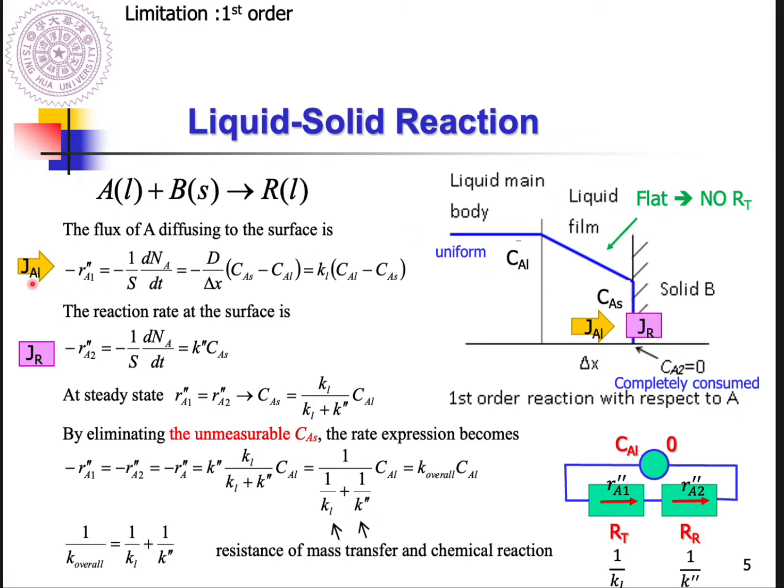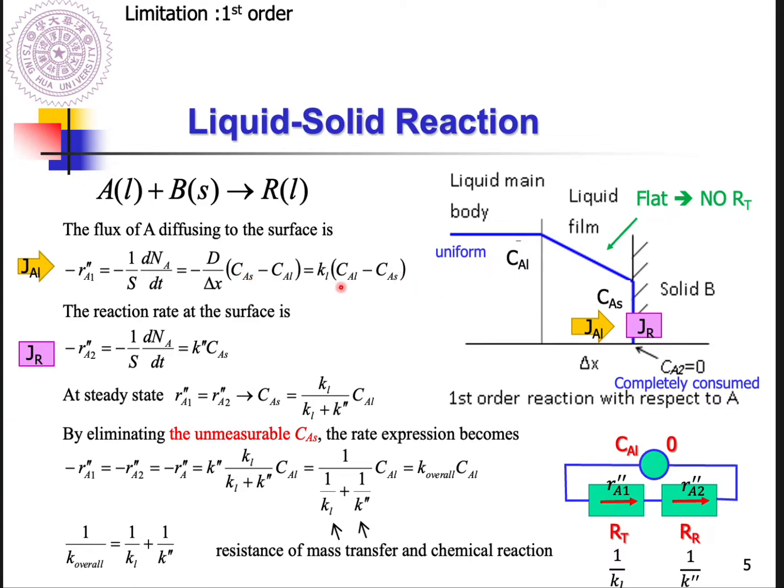So when you write down the flux of reactant A passing through the liquid film layer, it will be the consumption rate of reactant A per interfacial area. This obeys Fick's first law, so minus diffusivity times the concentration gradient. So you get the concentration gradient C_AS minus C_AL divided by the thickness of this film layer, delta X.